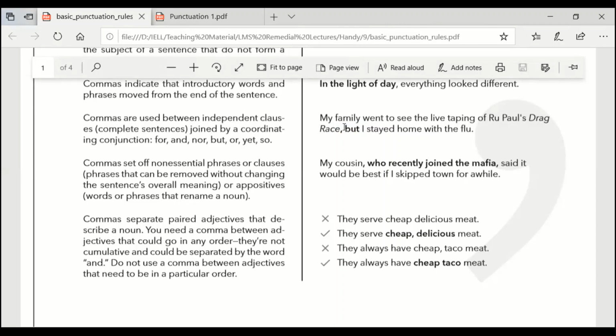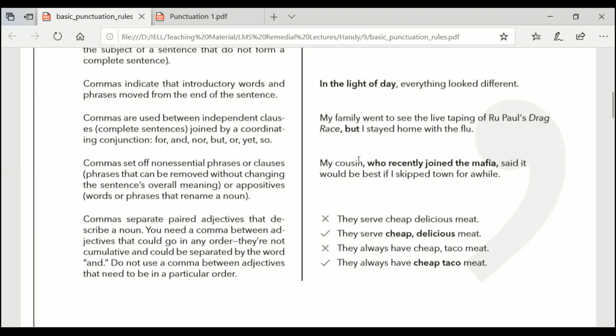Next, commas set off non-essential phrases or clauses or appositives. Sometimes in our writing we put in some additional information in a part of the sentence. For example, I could simply write, my cousin said it would be best if I skipped town for a while.